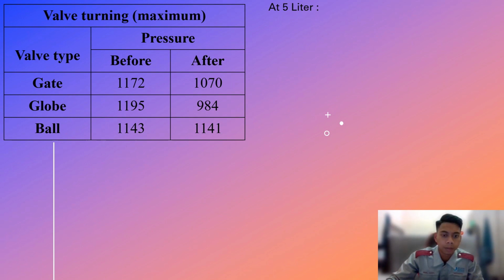This is the table for valve turning. At the maximum, as you can see, there is a difference in pressure before and after. We use the valve types gate, globe and ball.